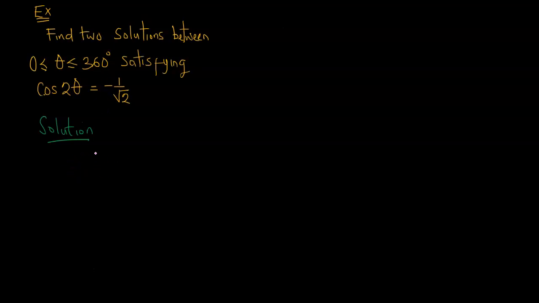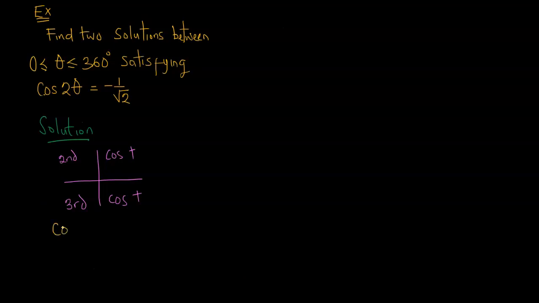So the negative sign tells us that this angle would lie either in the second or the third quadrant, because we've got the cosine of an angle being negative, and the cosine is only negative in the second and the third. In the first quadrant, the cosine is positive. In the fourth, the cosine is also positive. So definitely 2 theta, the angle here, would lie in the second or the third quadrant.